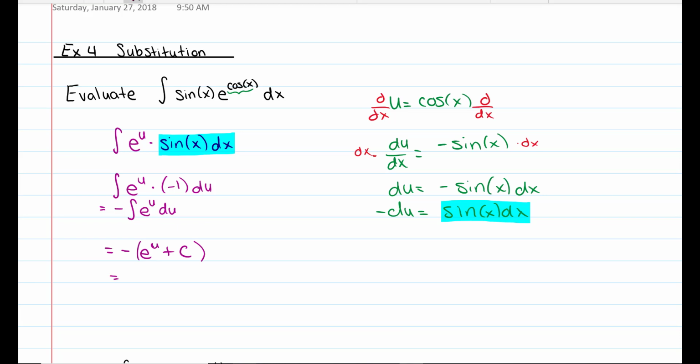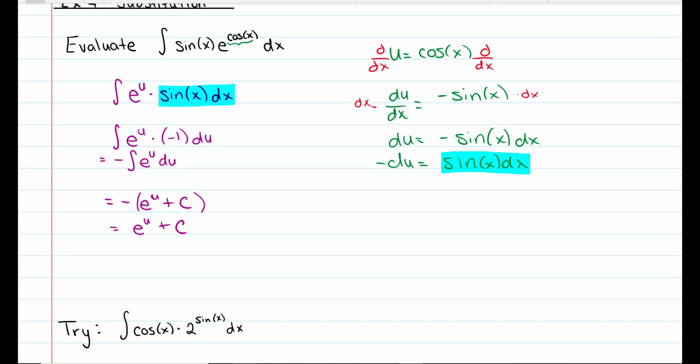So we distribute the negative and we get e to the u plus c. The reason the plus c does not turn negative is because it just represents any constant, so it doesn't matter if it's a plus or a minus. And then right before we're done, we have to substitute back for our original variable. So it becomes e to the cosine of x plus c.